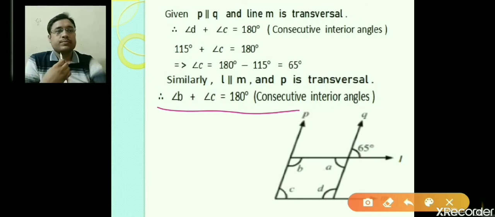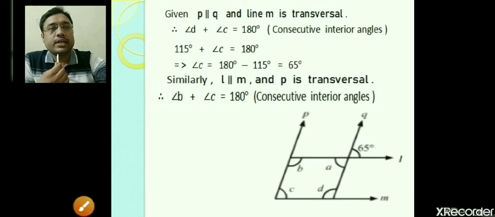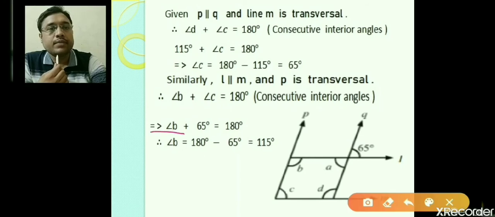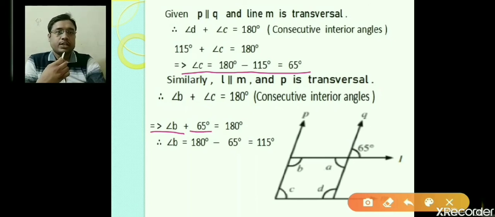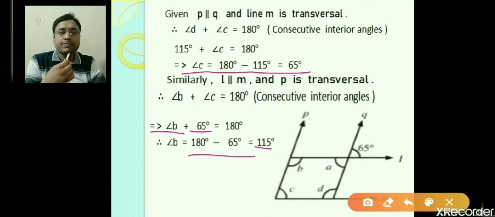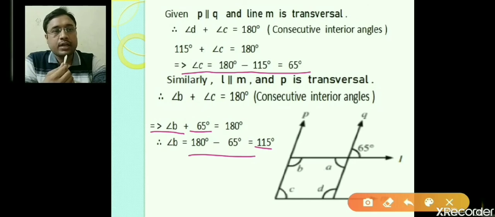Put the value of angle C, which is 65 degrees, in this equation. Then take 65 to the right side to solve. So angle B equals 180 minus 65, that means 115 degrees. This way we have got all the angles of this figure: angle A, angle B, angle C and angle D.